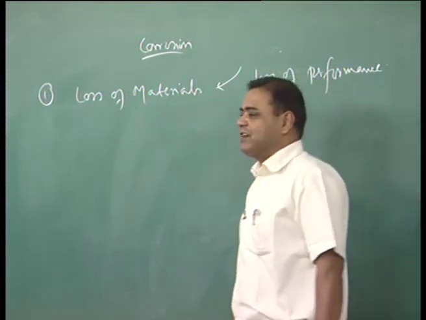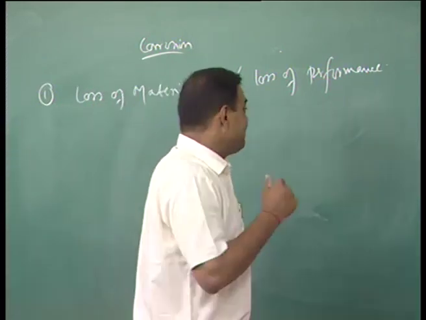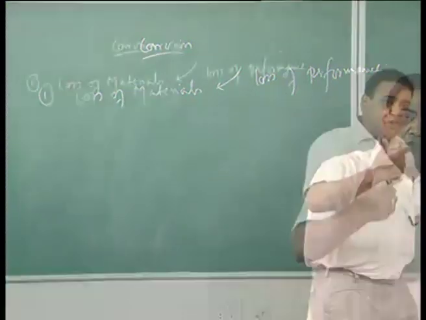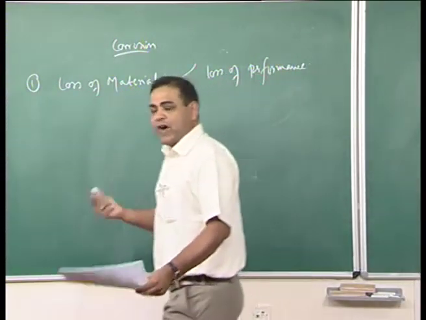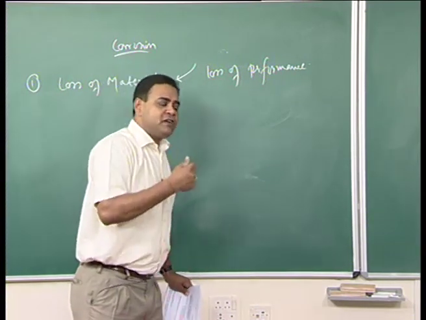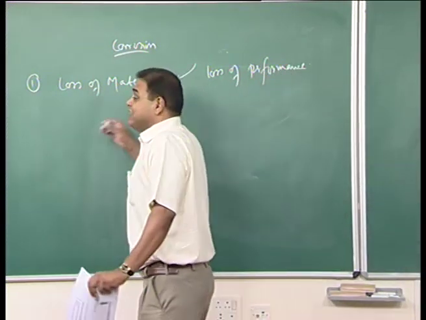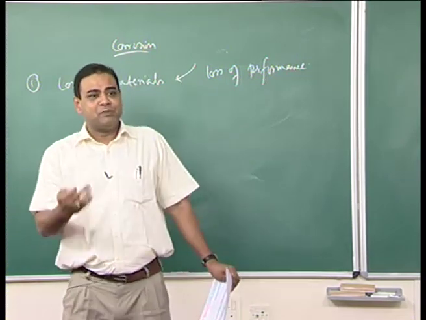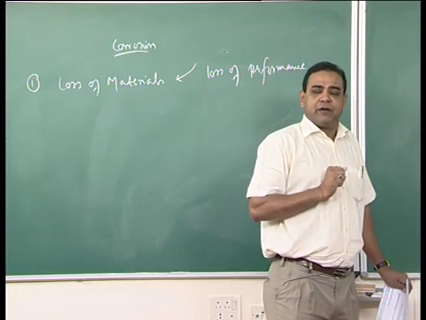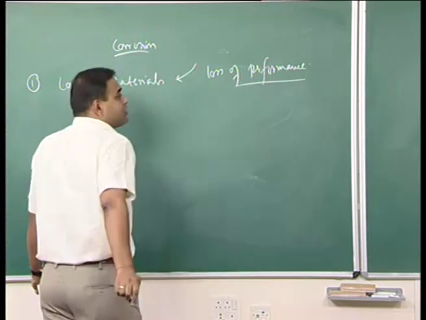The silver ornament is meant for aesthetics, so if it becomes dark, it will not be beautiful to wear. What is that darkness? Silver sulfide is forming. This is also a kind of corrosion, but we are not getting any loss of material; rather we are losing the surface appearance, and the silver is becoming dull in nature. So loss of performance is another important factor.